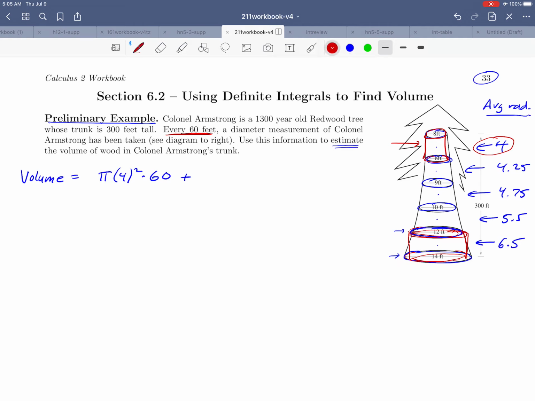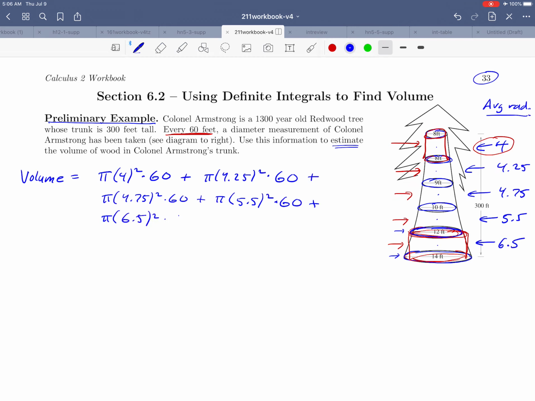Then we move on to the next one here. There we have an average radius of 4.25 times 60 again. We're just going to work our way down one by one. I'm going to go in and fill in the rest of these. Then we come to pi times 4.75 squared times 60, pi times 5.5 squared times 60, and then finally, pi times 6.5 squared times 60.